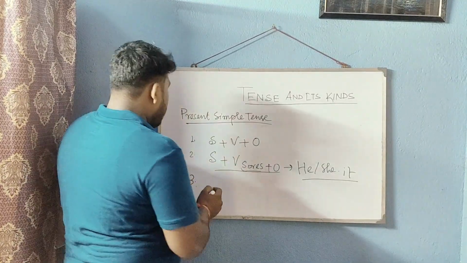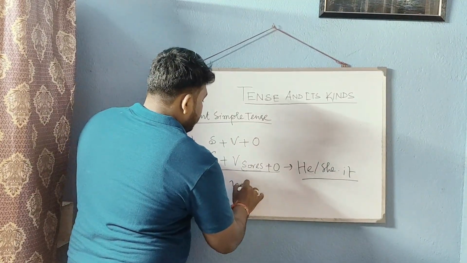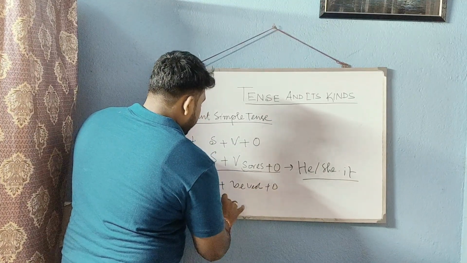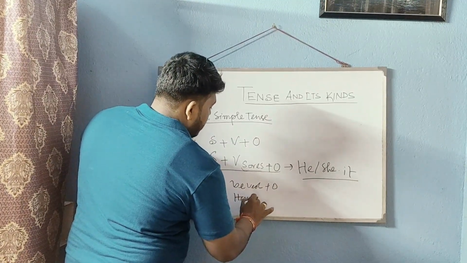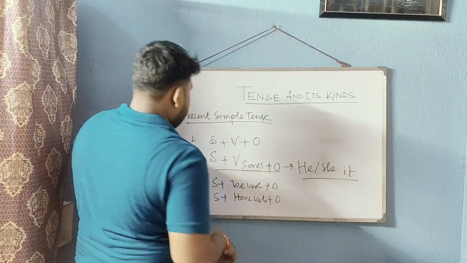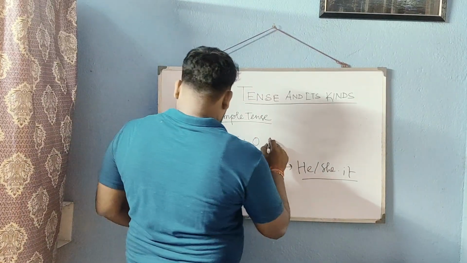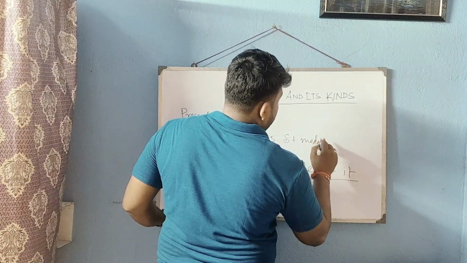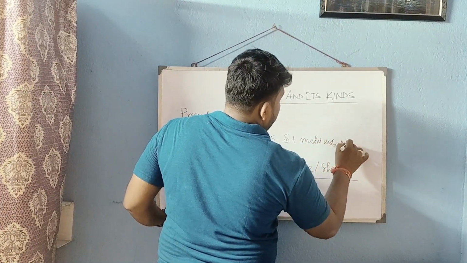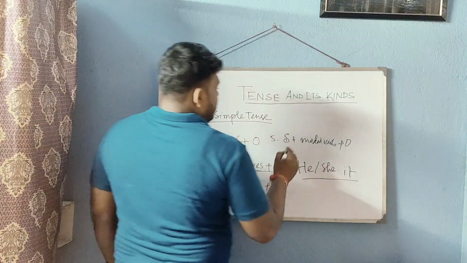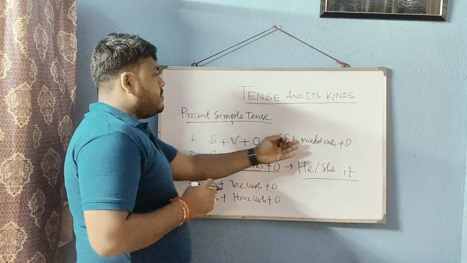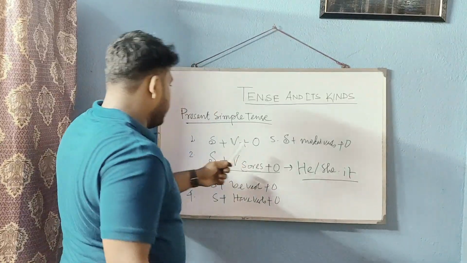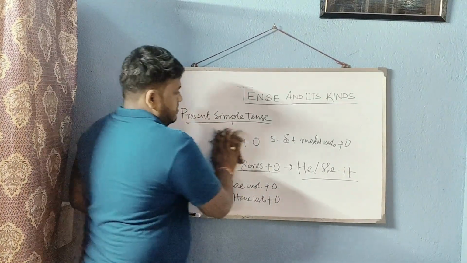There are other formulas also: subject, be verb, and object; subject, have verb, and object; subject, modal verb plus object. It's present modal. I will give an example of every kind.